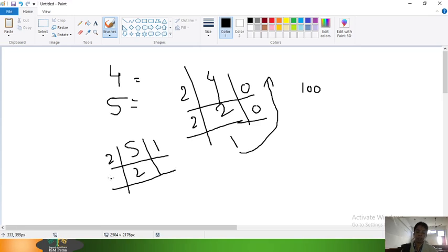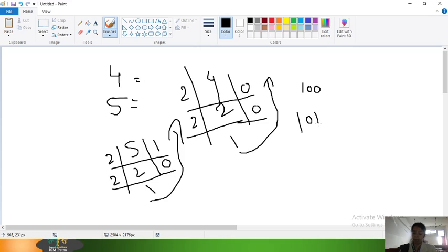Again 2 into 1, that is 0. So what will be the output in binary? That is 101. So the value of 4 in binary is 100 and the value of 5 in binary is 101. Now what is the AND bitwise operator in Python?